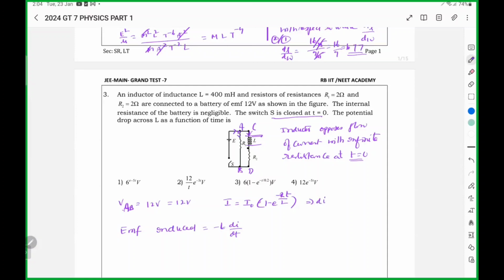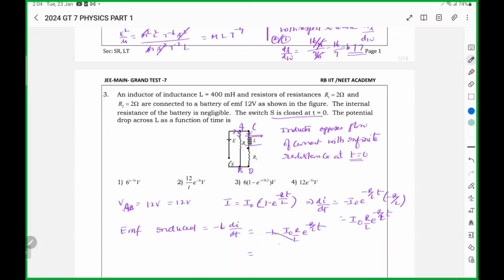From here, di by dt is minus I naught times minus R by L, that is I naught R by L. So it is minus L into I naught R by L.